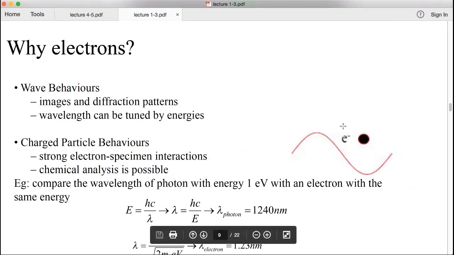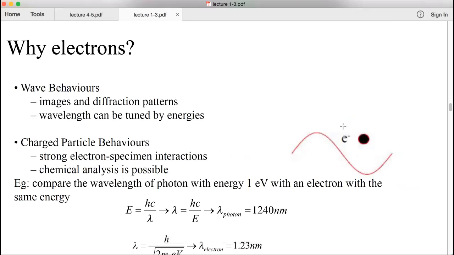Okay, why do we use electrons? Now, typically, in conventional microscopy, we use an optical beam. And why do we utilize accelerated electrons in electron microscopy? We know that these elementary particles, when they're accelerated, behave as waves.